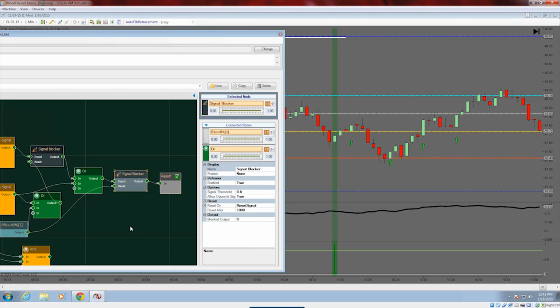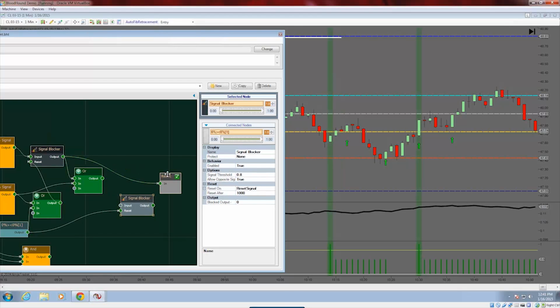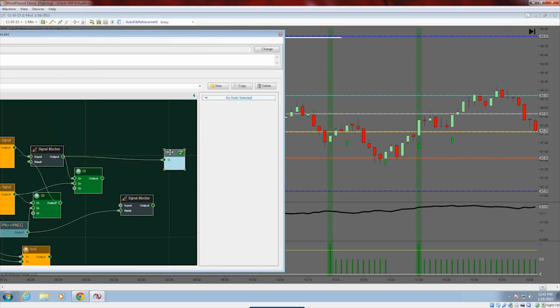Let me see. I need to be able to allow the two signals. So what if I do this? What if I say allow this one? And that one. I think you just want a signal blocker. Yeah, I'm just going to have to use the counter.